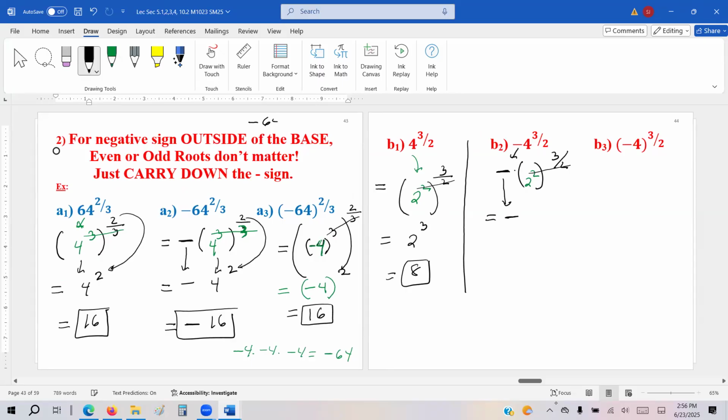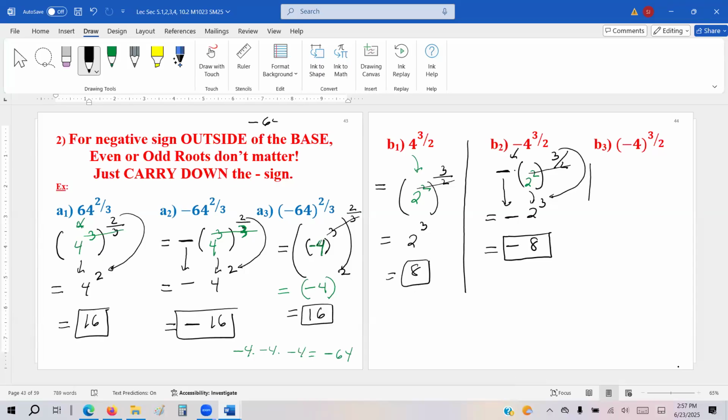So you bring down negative, 2 from here, and the 3 from the power. Be confident. Negative? Perfect. Negative is a multiplication and 2 cube is 8. So the answer is negative 8. First one is positive 8, doesn't have a negative. Second one is negative because our negative is a multiplication.